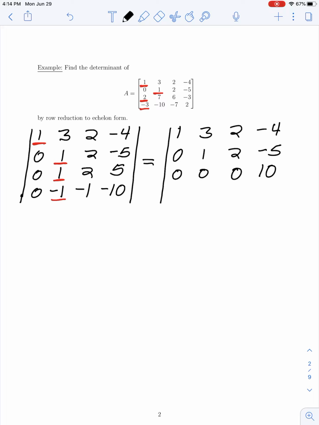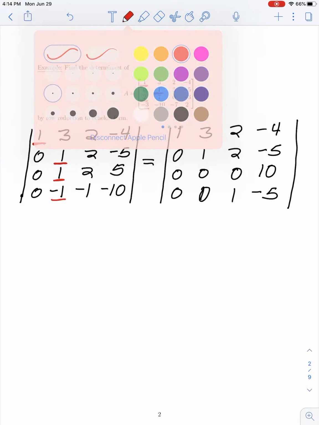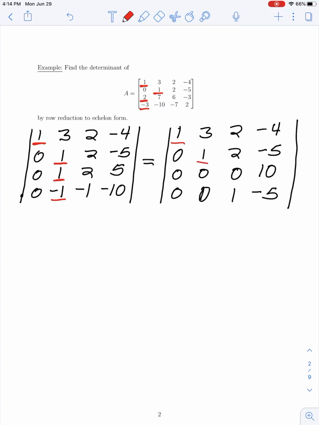So here, if I add the third row to the fourth row, I have 0, 0, 1, and negative 5. So it's almost in triangular form. I've got 1 for these lead coefficients here.